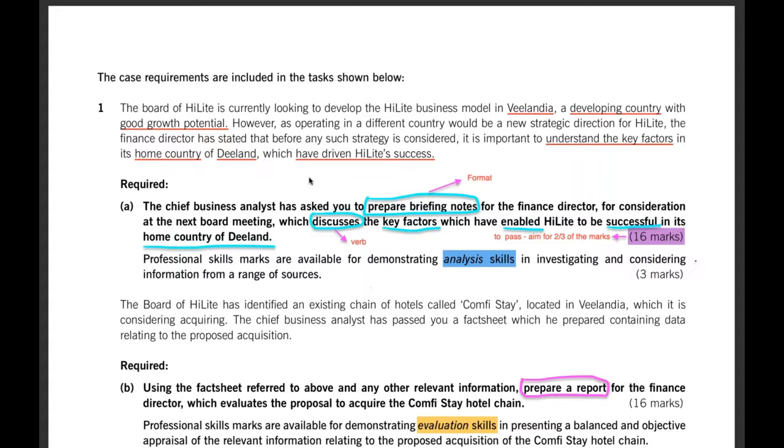National competitive advantage, right? You're talking about how they are successful in their home country. So perhaps the national competitive advantage, perhaps Porter's diamond can help me to answer this particular question. Okay, but let's look further whether I can actually use it.